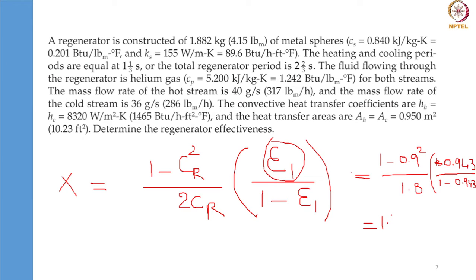It is coming around a negative answer, minus 23.61. Okay, which CR do we have to take, the rounded value or say 3.1? No, CR was the heat capacity ratio of the fluid, that was 0.9.